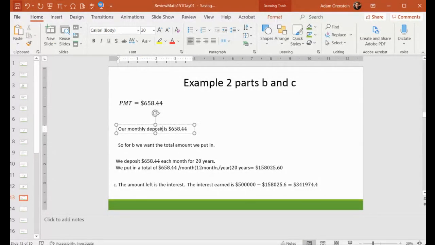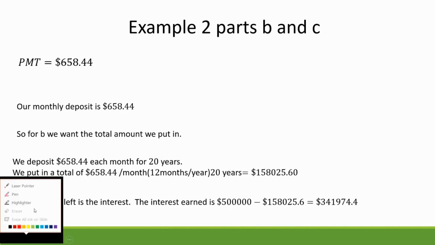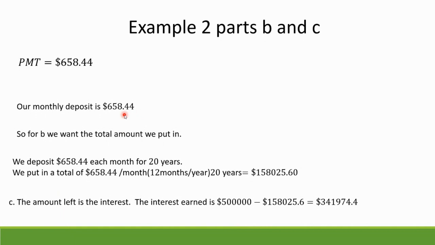And remember, part B, it's the same as the previous example. We want to know what's the total amount that we put in. In other words, how much are we putting in from deposits? All the deposits collected together. Each month we're putting in $658.44.